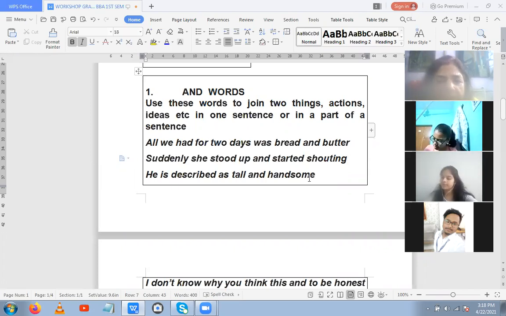For example, suddenly, you can use suddenly in the end. All of a sudden, if suddenly is put over here, change the word. All of a sudden, she stood up and started shouting.